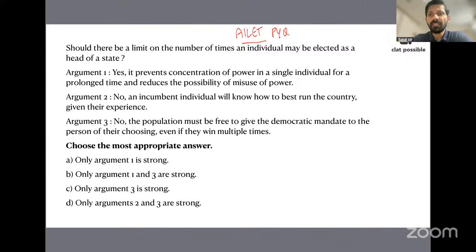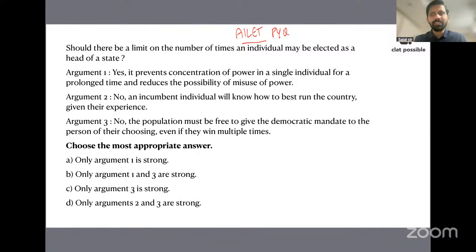Okay, should there be a limit on the number of times an individual may be elected as a head of state? Right, this looks like a pretty valid question. Argument one says yes, it prevents concentration of power in a single individual for a prolonged time and reduces the possibility of misuse of power. Right. So when we are testing it on yes and no, people can say yes and no without being morally or ethically wrong about it, right?